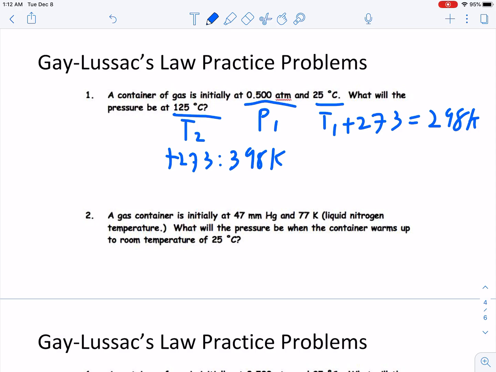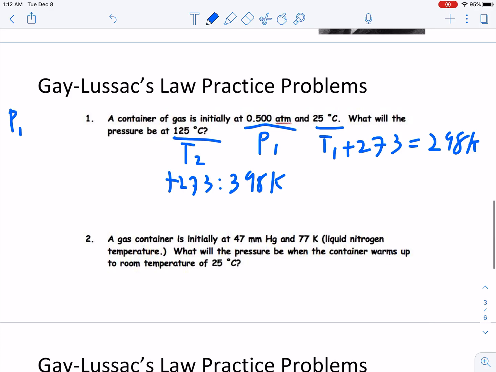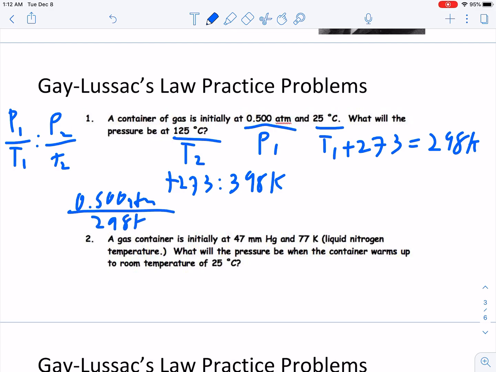So again, remember the equation is P1 over T1 is equal to P2 over T2. To set that up, we know that it's going to be 0.500 atmospheres of pressure divided by 298 Kelvin. Again, note we're not using degrees Celsius, you always use Kelvin. It's equal to our unknown P2 divided by 398 Kelvin.